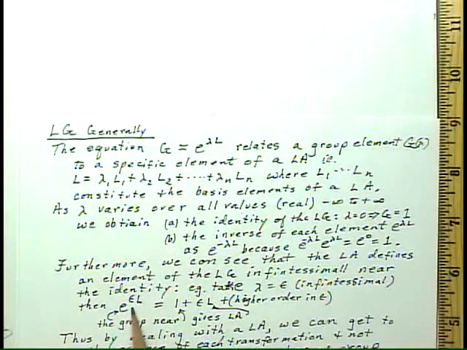This is an extremely important equation. E to the epsilon times L is 1 plus epsilon times L. And often, in the neighborhood of the identity, we can see how we would imagine a given transformation.